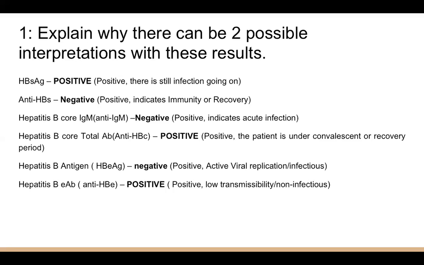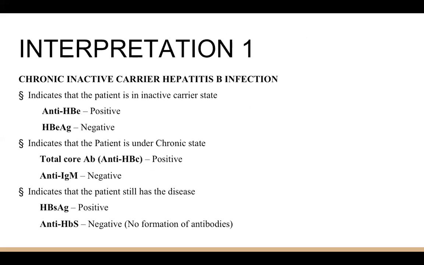Hepatitis B e antigen, or HBeAg, is negative. If it's positive, it signifies active viral replication or infectiousness. Lastly, the hepatitis B e antibody or anti-HBe is positive, which indicates low transmissibility or non-infectiousness.